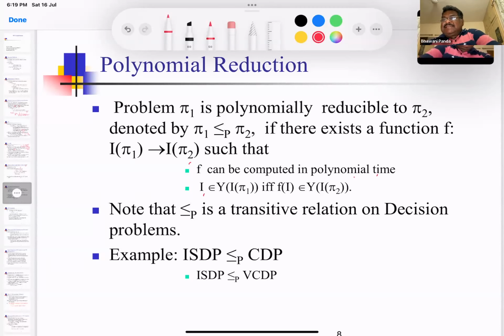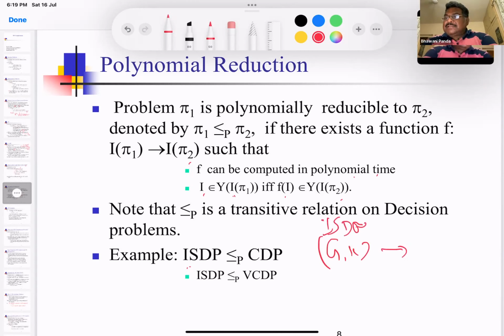For example, I is a yes instance of pi1 if and only if f(I) is a yes instance of pi2. So for example, we saw that the independent set decision problem is polynomially reducible to the clique decision problem. So what is the transformation that we saw? Given G and K for ISDP.